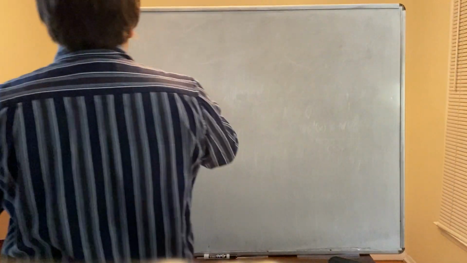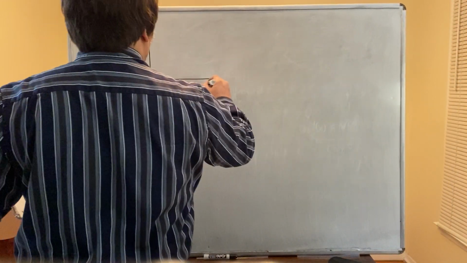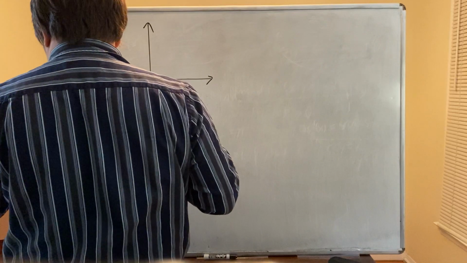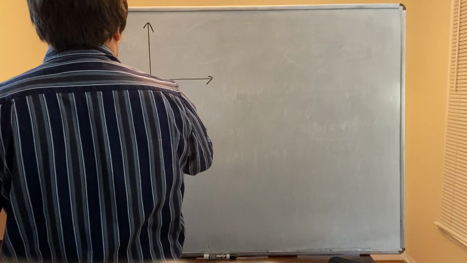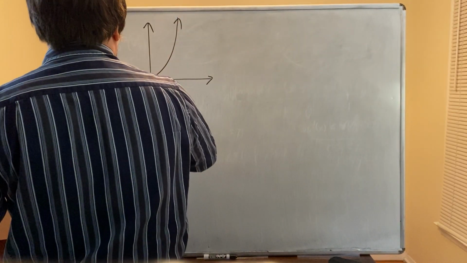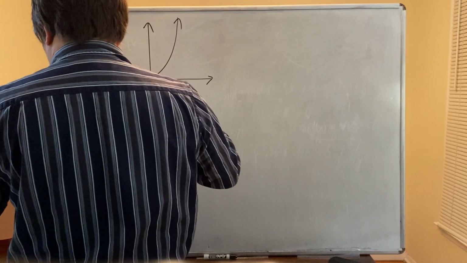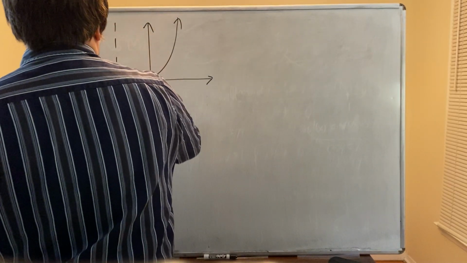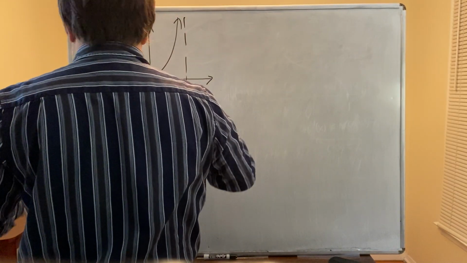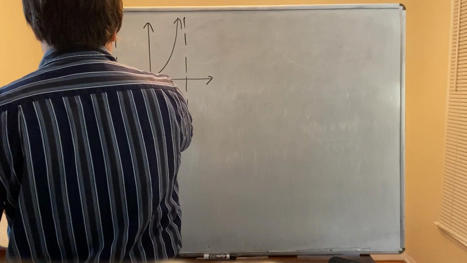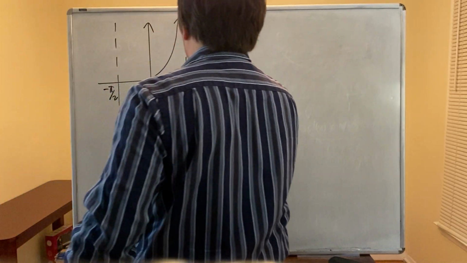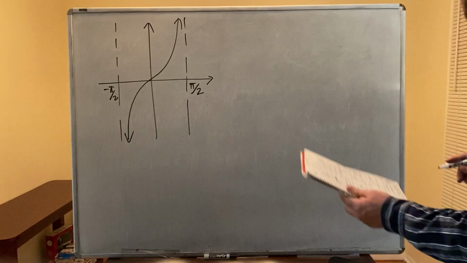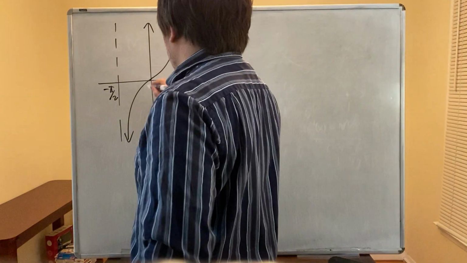Okay, so the x and y axis, and so now you have this asymptote, you have this asymptote, and so you have negative pi over 2 and pi over 2, and you have 0 here.